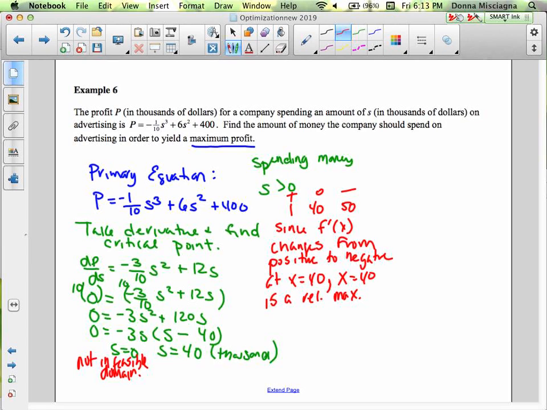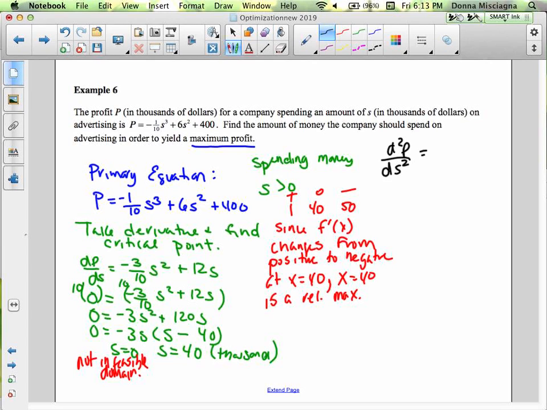Right, and then let's do the second derivative test. Instead of writing it like that, I'll use the letters we've got: d2P over dS2.